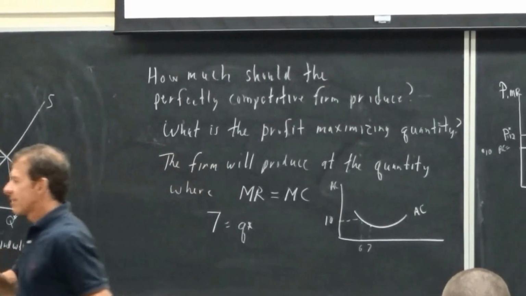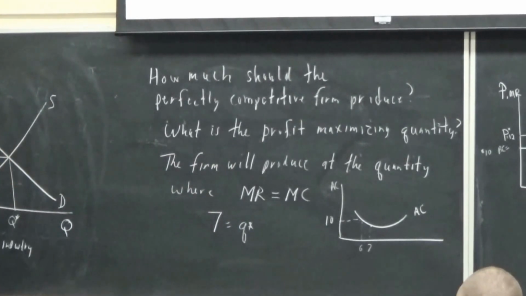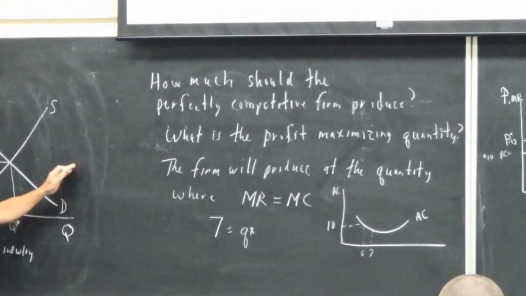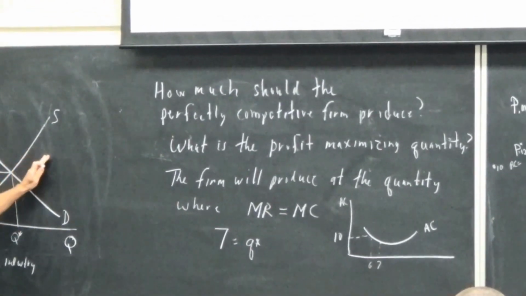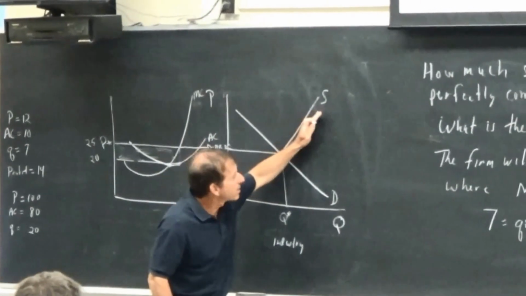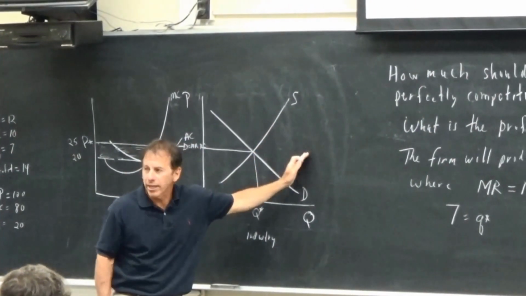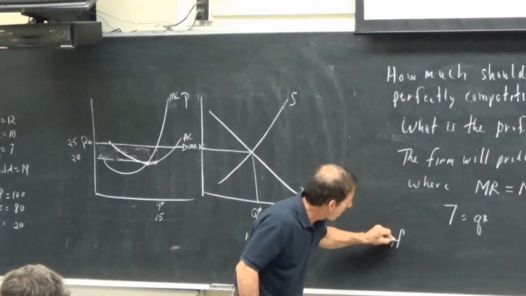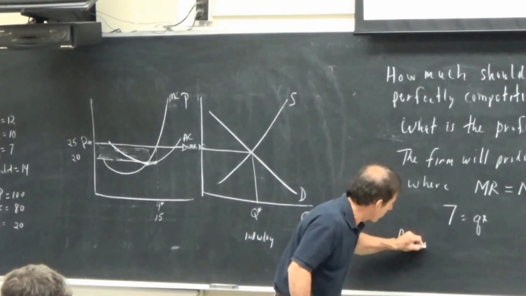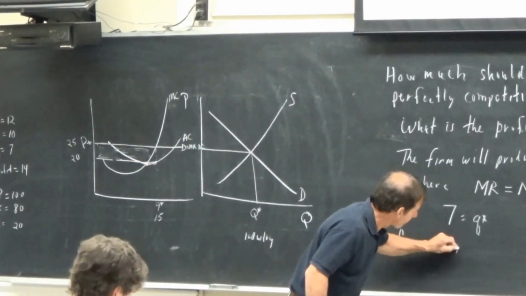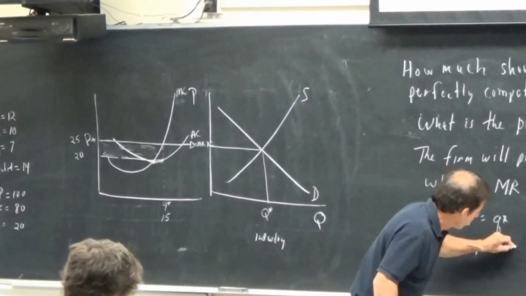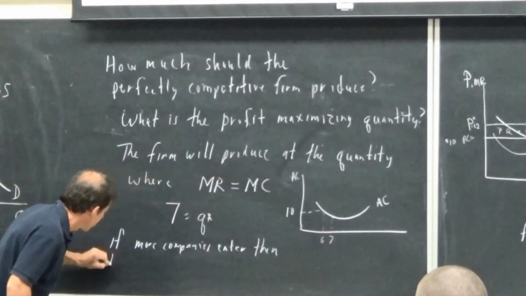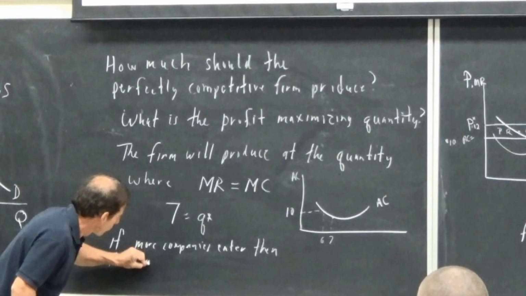So what happens is this. When more companies enter, we have to go to the industry side and say that's going to shift the supply curve. The industry supply curve is going to shift to the right, because if the number of suppliers goes up, the industry supply curve shifts right.